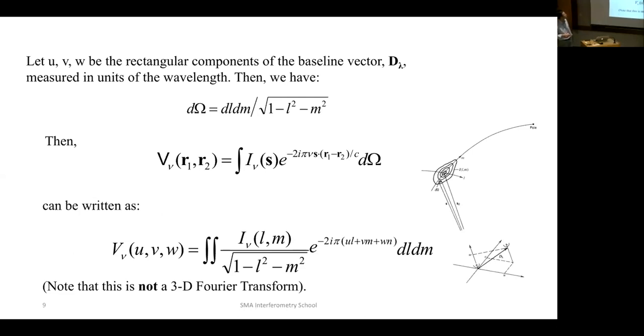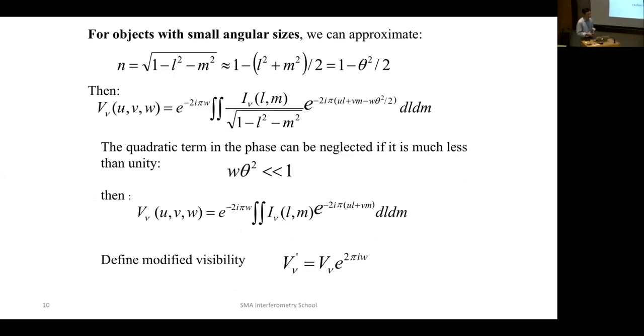S dot D becomes u times l plus v times m plus w times n. This looks like a Fourier transform, which is what we want to get to, but you have a w and n dependence here, so it's not a three-dimensional Fourier transform. But we're almost there.